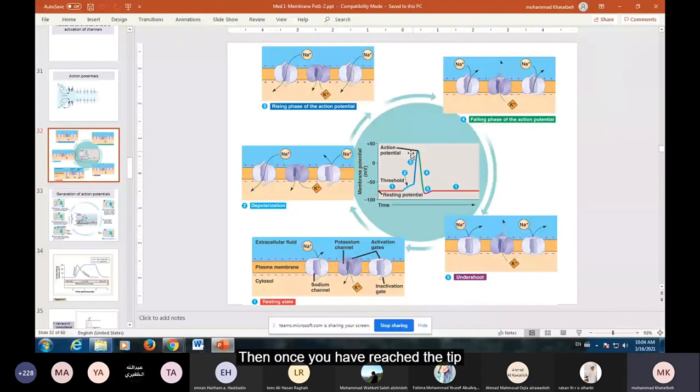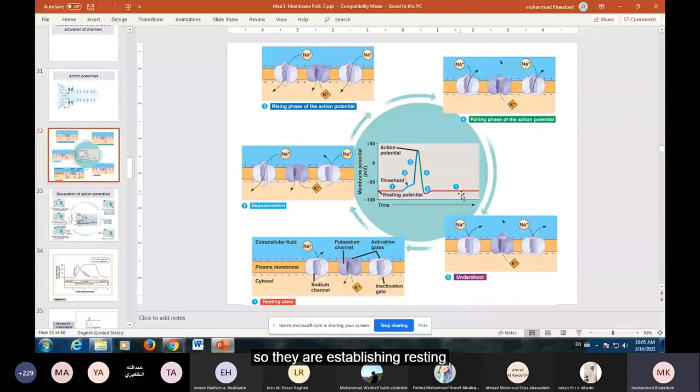Then once you have reached the tip and activated more potassium channels, and the sodium channels which were activated at the threshold have inactivated, you get phase 4, which is called repolarization. Why do we call it repolarization? Now, the resting membrane potential. These excitable cells, some call them polarized cells.